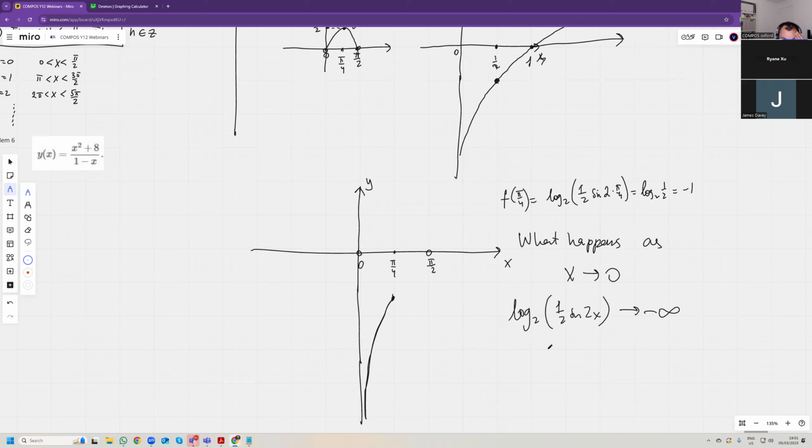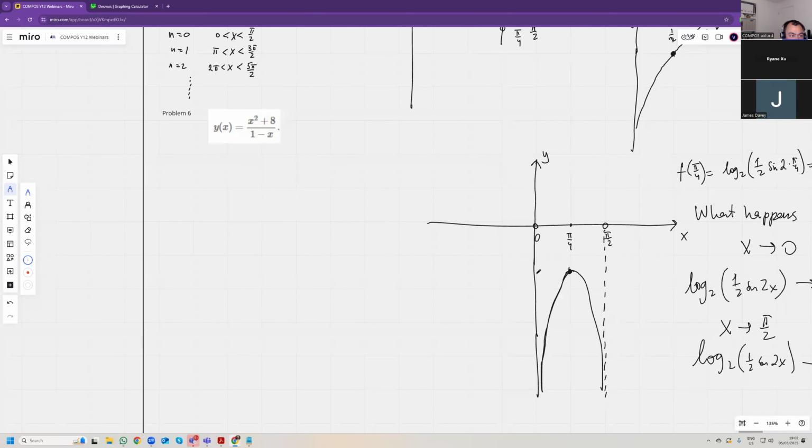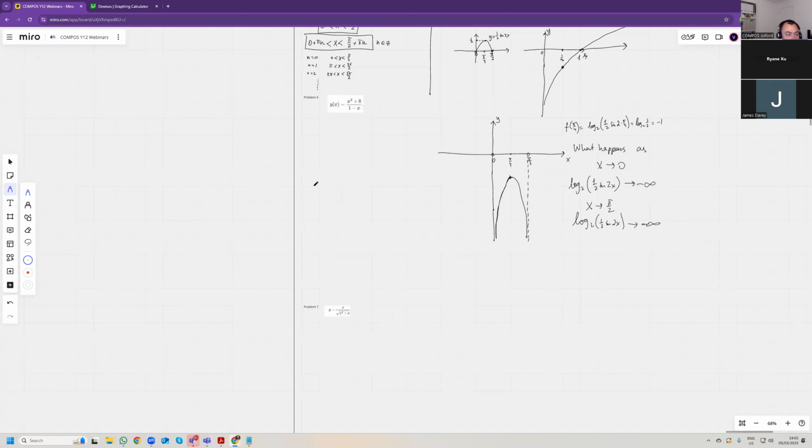And as x tends to pi over 2, log 2 of 1/2 sine 2x also tends to minus infinity, because it tends to log 0, and log 0 is minus infinity. So it goes like this. This is a vertical asymptote. We can show that this is a critical point. So is it a critical point? Let's check.